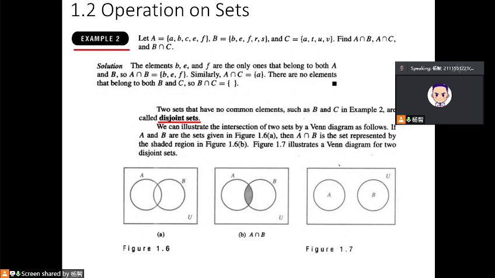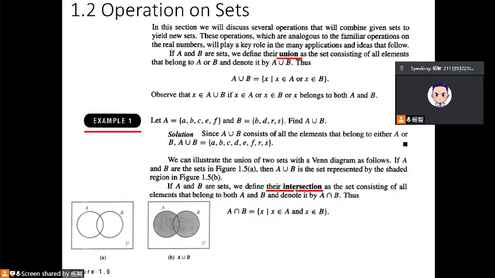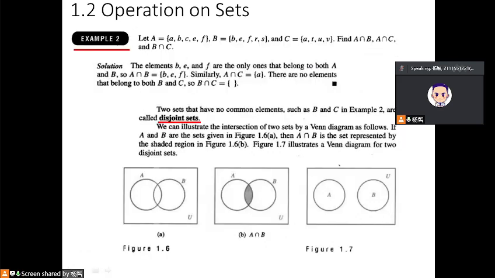Some of you said that you learned them before you came to university: operations like union and intersection. I hope students turn off your microphones because I hear some noise in the meeting.